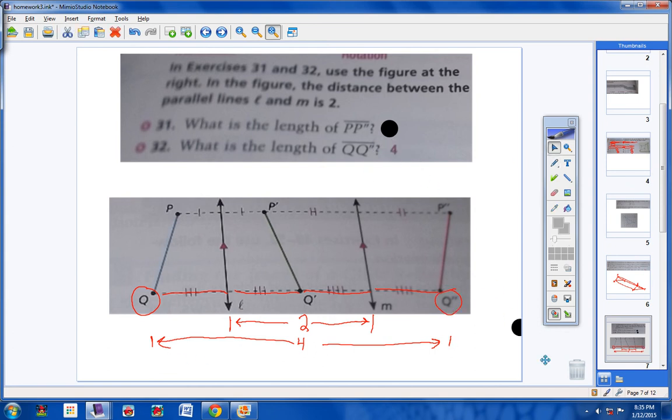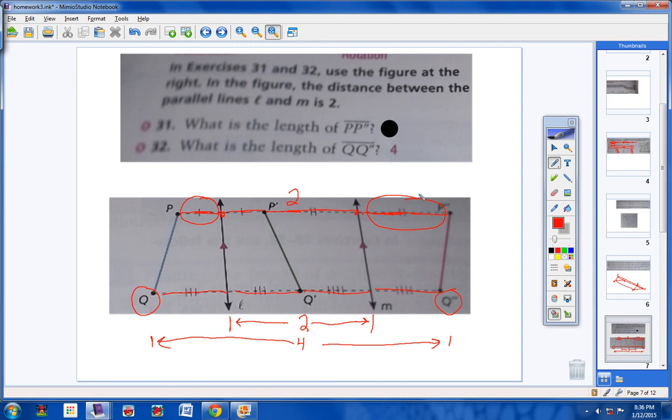Now, look at this, guys. Look, from here to here is 2. That means anytime you put a segment with 1 mark with a segment with 2 marks, you get 2. Well, look, guys, this is a segment with 1 mark, and this is a segment with 2 marks here. So that means this plus this has to be 2, and from here to here is 2.